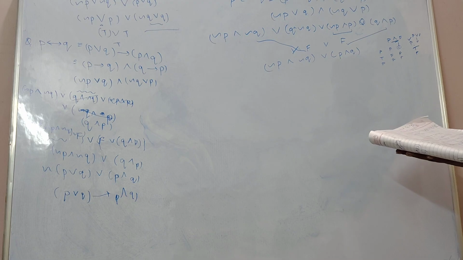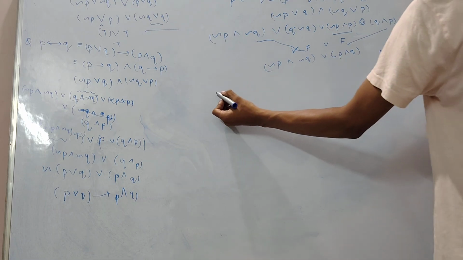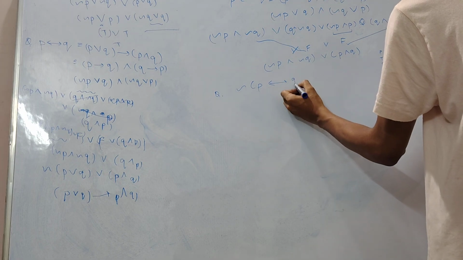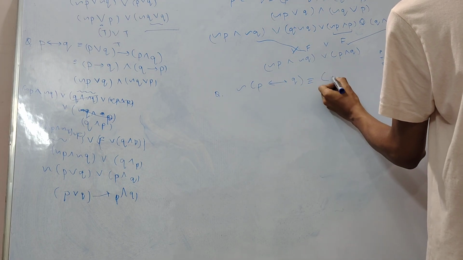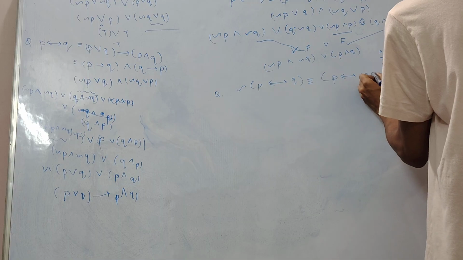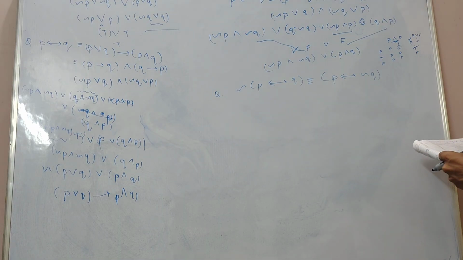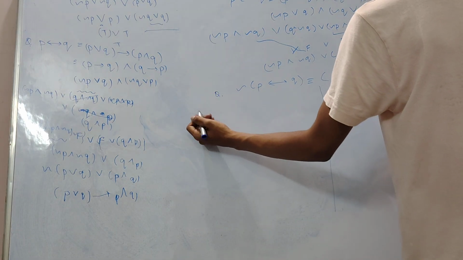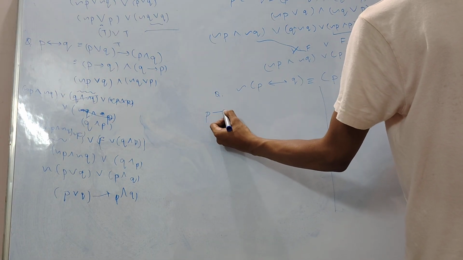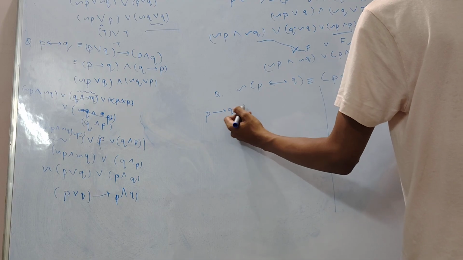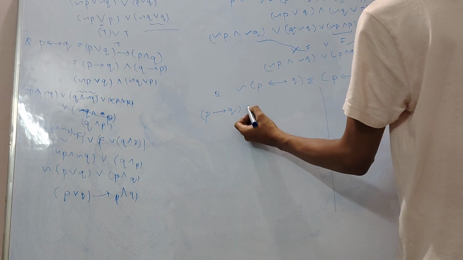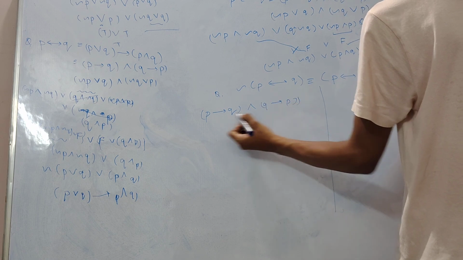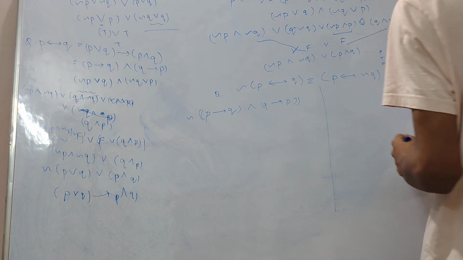Now last question is negation of P biconditional to Q will be logically equivalent to P biconditional with negation of Q, right? So I can write this as P implies Q and Q implies P, and outside there is negation, right?